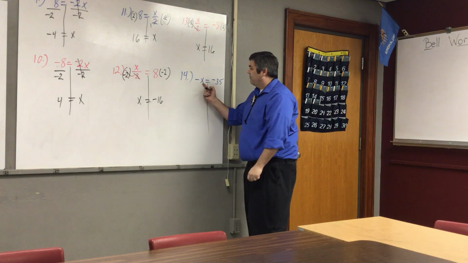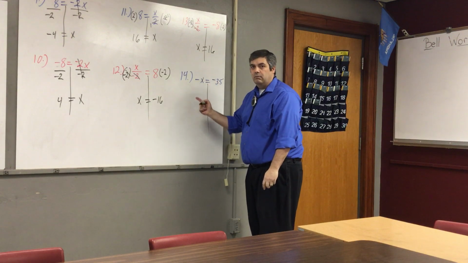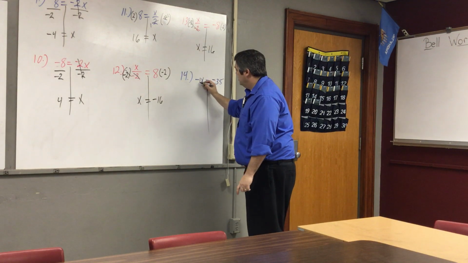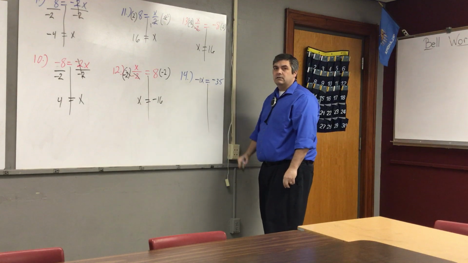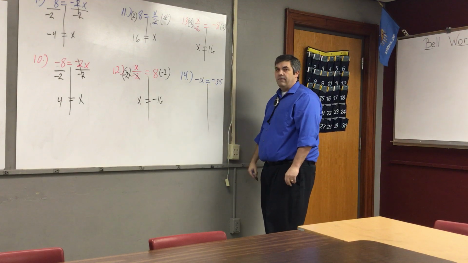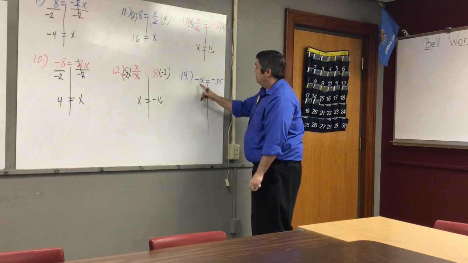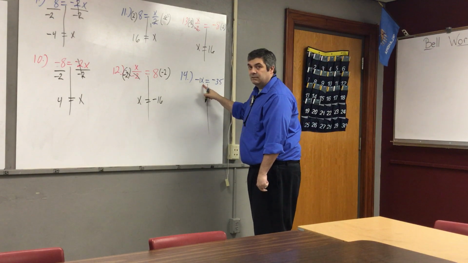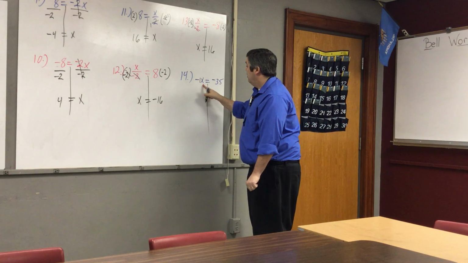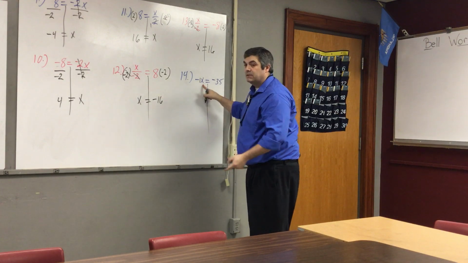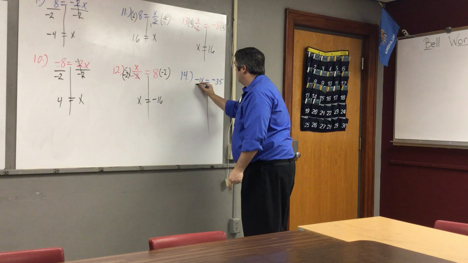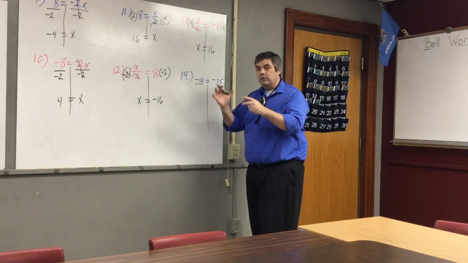Okay? What's always in front of an x if there's no number there? There's always a 1. So you have a negative 1x equals negative 35. Well, negative 1 times x, that's what you have. Okay, what's the opposite of that? Well, there's two different ways to do this.